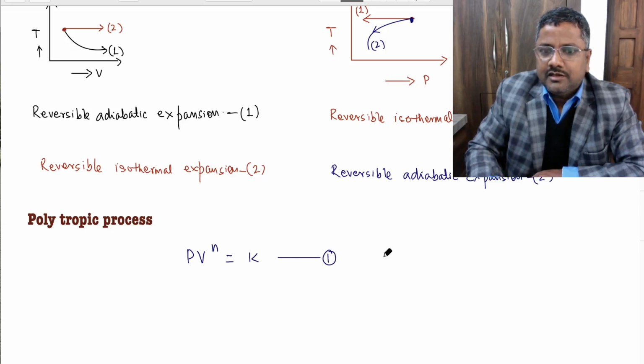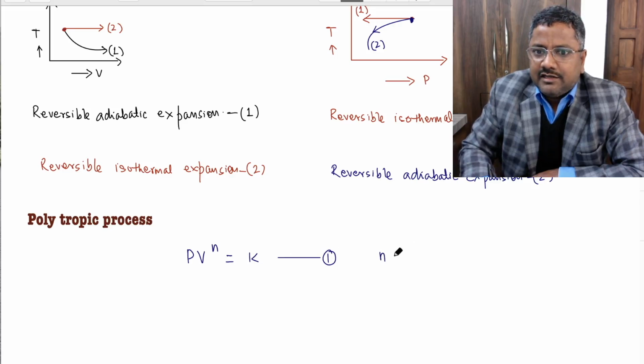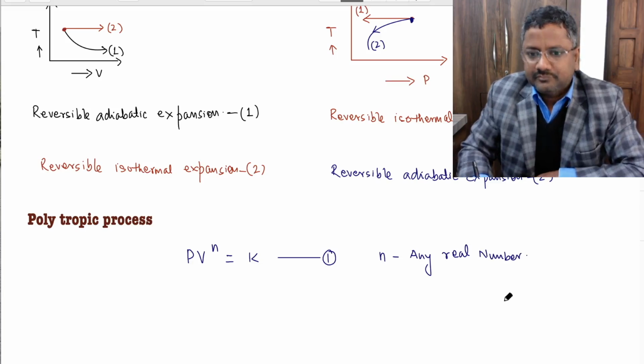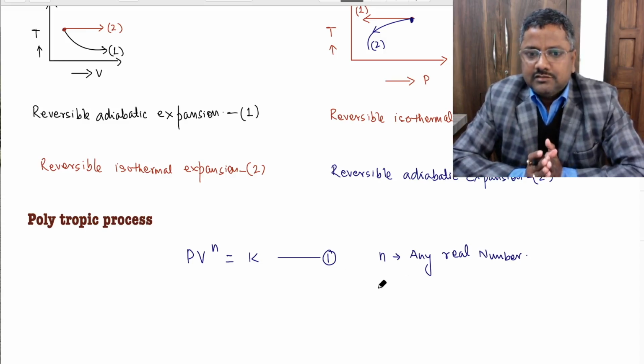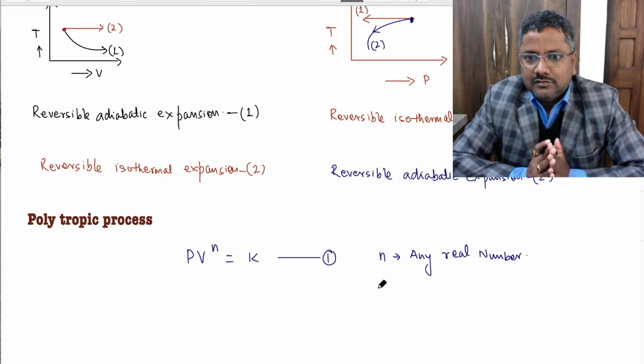If any gas obeys this equation of state, then this is called a polytropic process. What is n here? n is any real number. You can take n is equal to 0, n is equal to 1, and n can be fractional as well, okay?